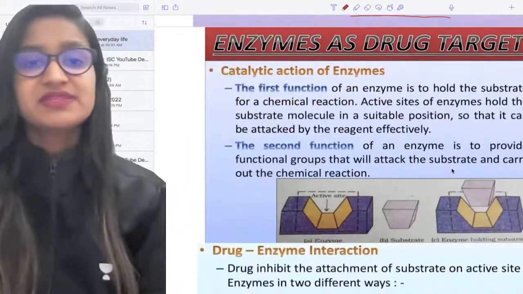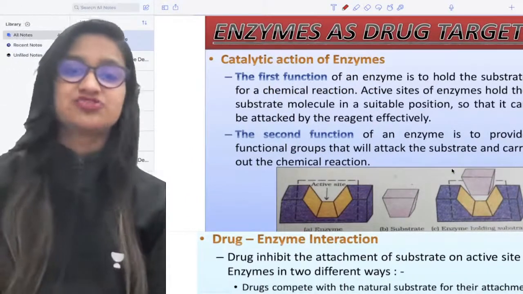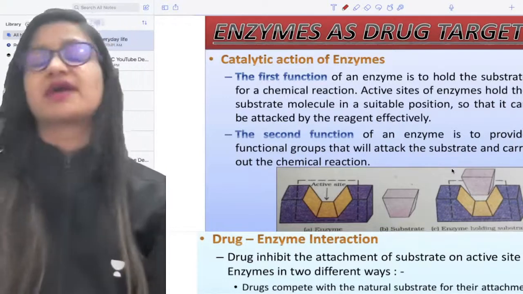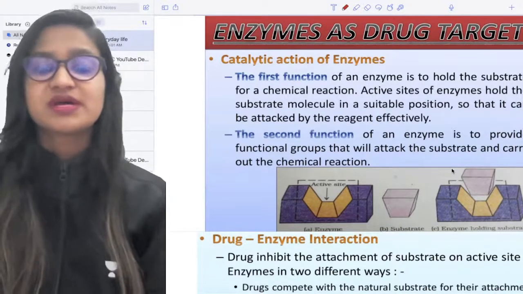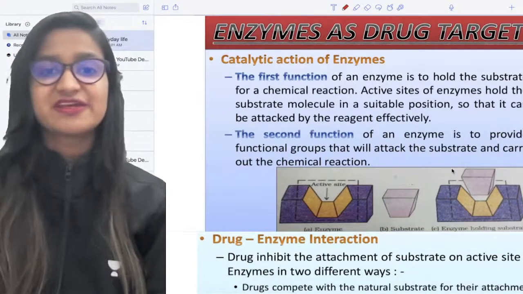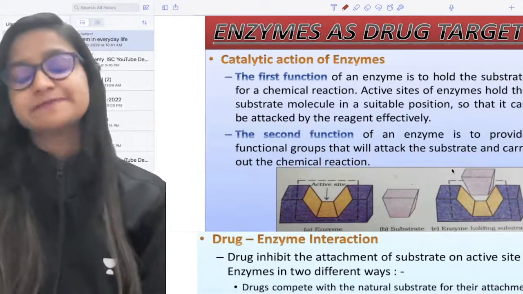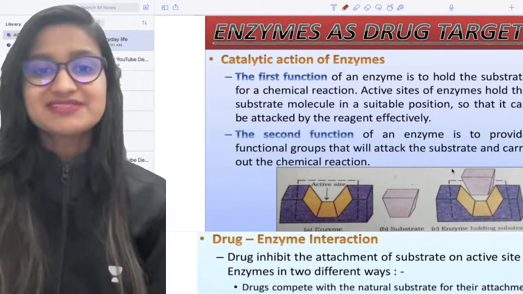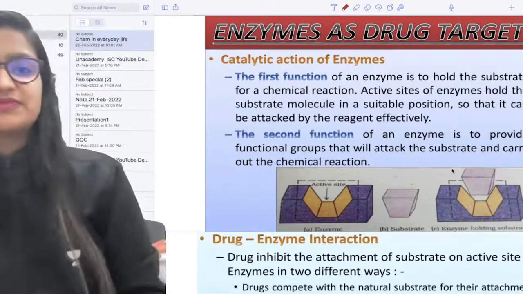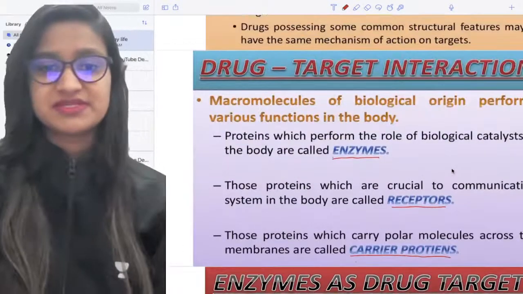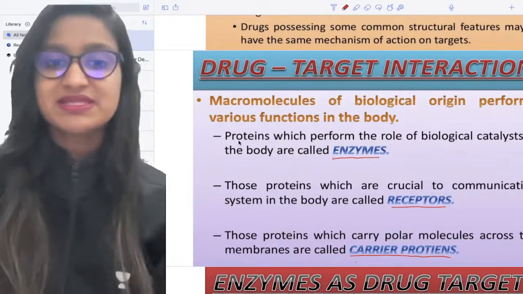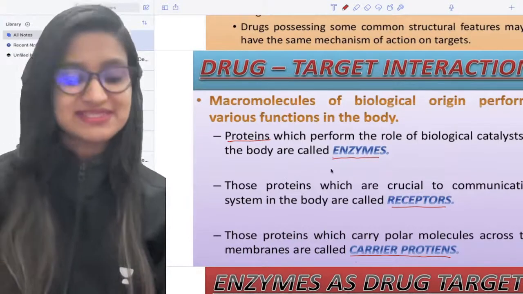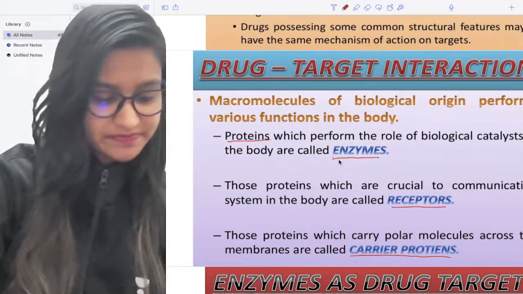The next thing is enzymes as drug targets. Our enzymes act as drug targets, meaning drugs target the enzymes, which are the biological catalysts of our body. Now let's look at the catalytic action of enzymes. Please remember that enzymes are nothing but the proteins which perform the role of biological catalyst in the body.